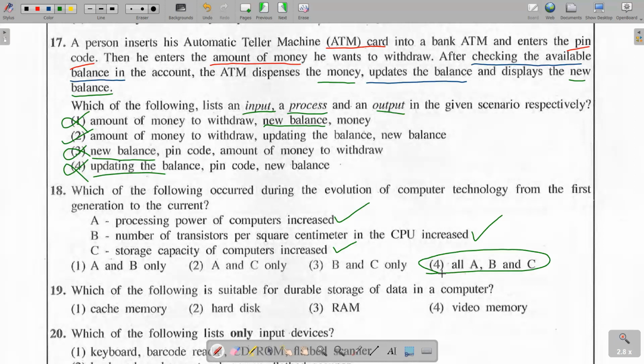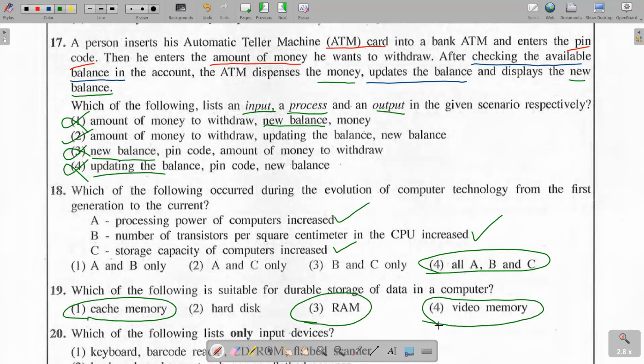19th, which of the following is suitable for durable storage of data in computer? They are talking about durable, that means the data is going to last long, right? So cache memory, RAM, and video memory, all three are volatile storages.